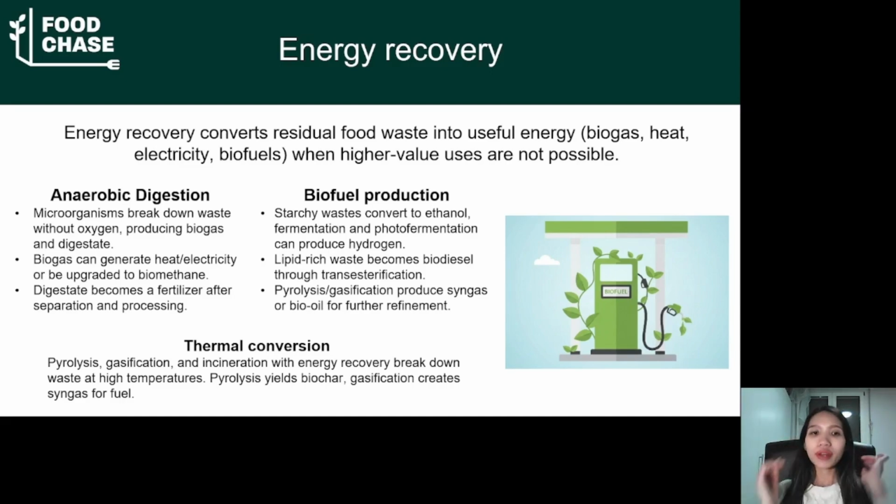And then we have thermal conversion. The process like pyrolysis, gasification, and incineration with energy recovery break down the waste at high temperature. In particular, pyrolysis generates biochar, and gasification generates syngas for fuel.